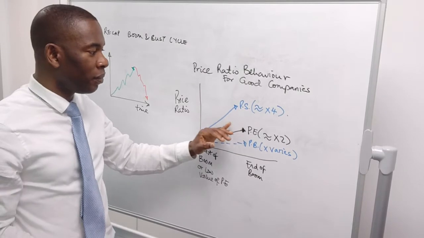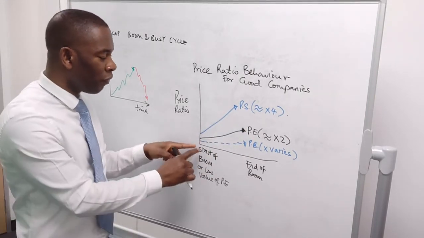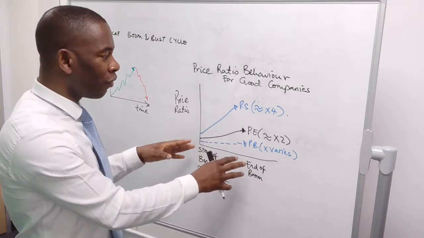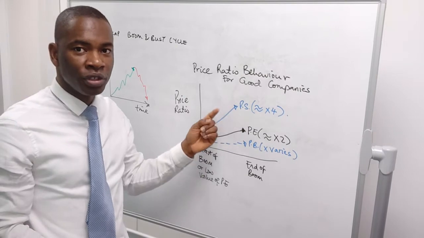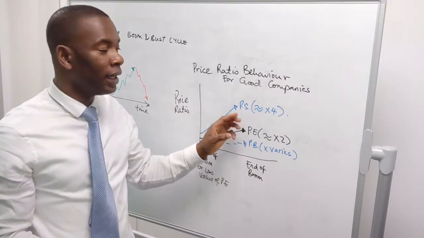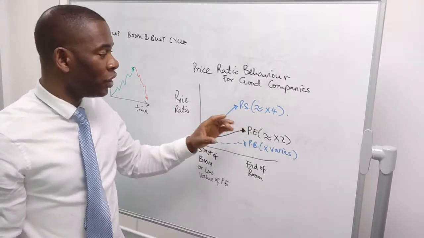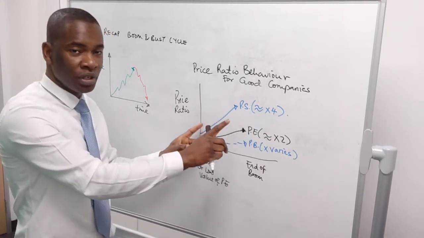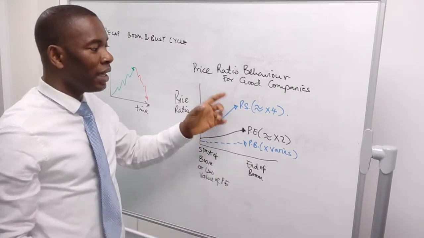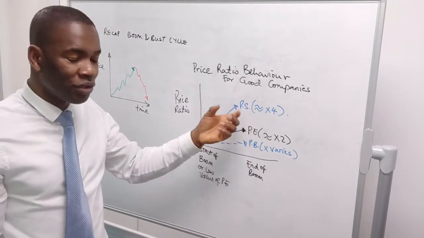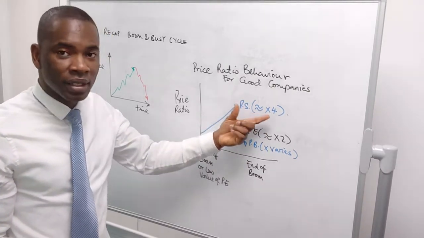In the case of the price to sales ratio, PS, from the beginning of the boom to the end of the boom, what normally happens is the price to sales ratio increases by roughly a multiple of 4. That is how it increases from the beginning of the boom to the end of the boom. It's approximately, just like a guide. It's not hard and fast, but it's a guide.